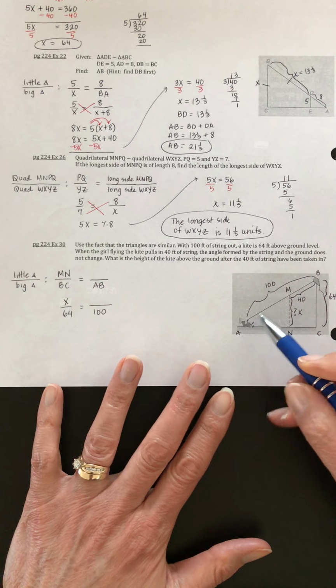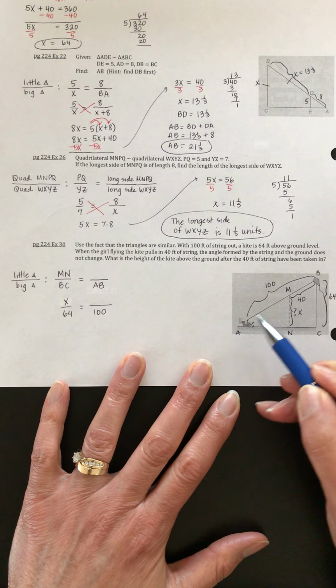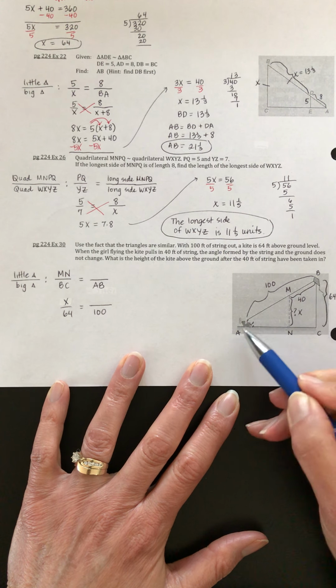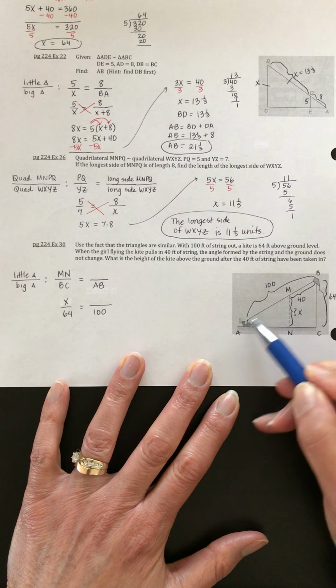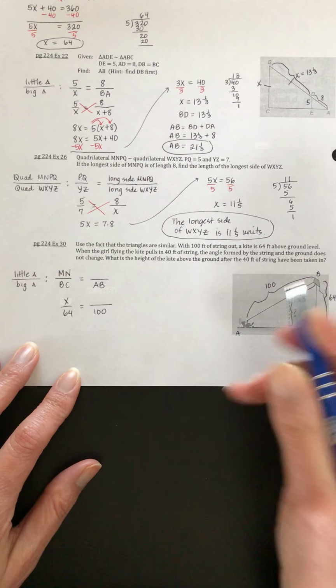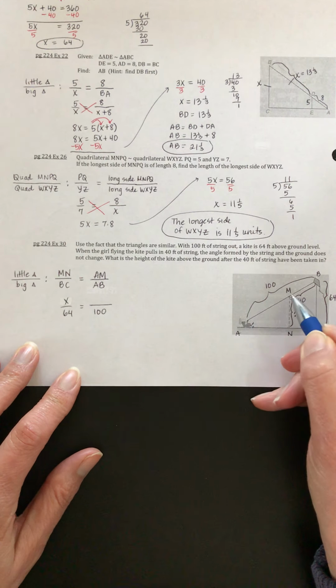Okay, back to this. We know this piece of the triangle is 100. So we have to find the corresponding side. Well, this is the long one. This is the little triangle. Big triangle, little triangle. So AM is what we're looking for. Okay, AM. And do we know what that side is?